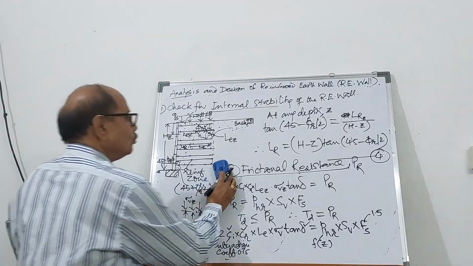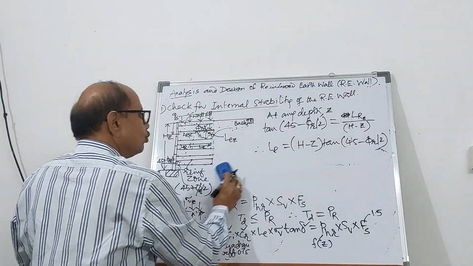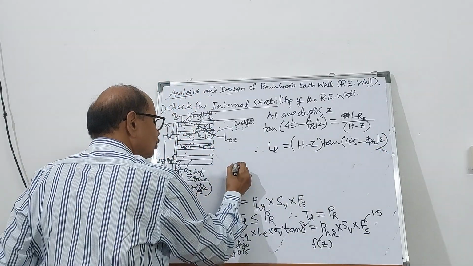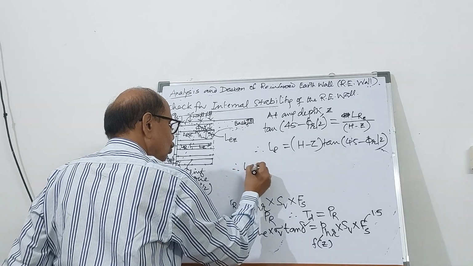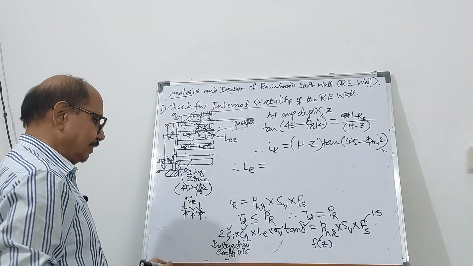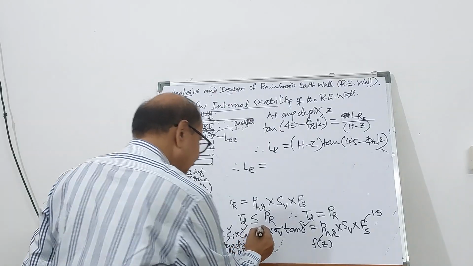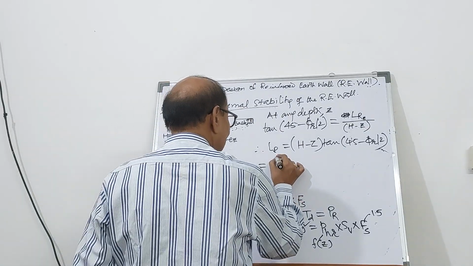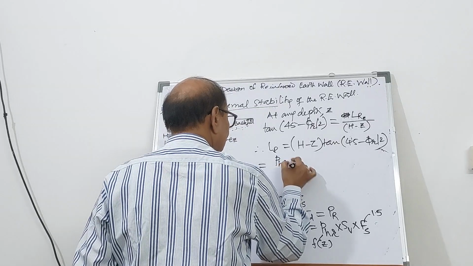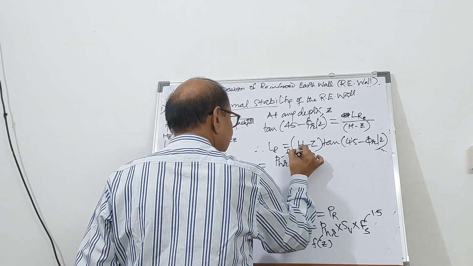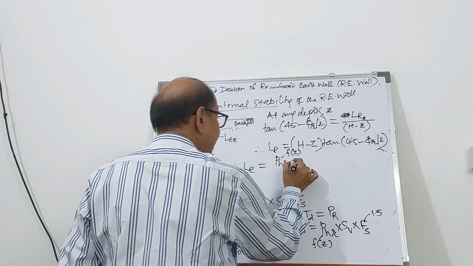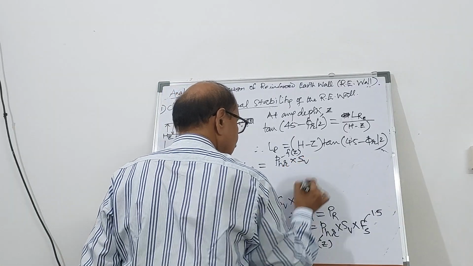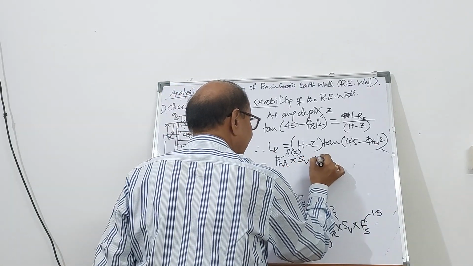Therefore, friends, you already know LR. Now, therefore, you know Le. So, Le can be found out. It will be PHR, which is a function of Z, into SV, into factor of safety.